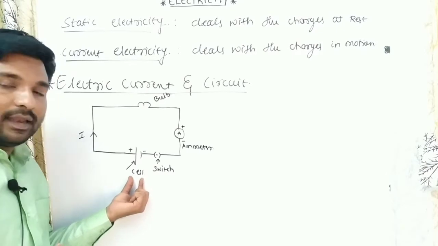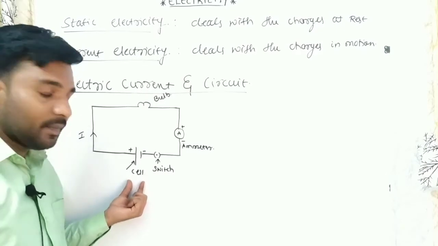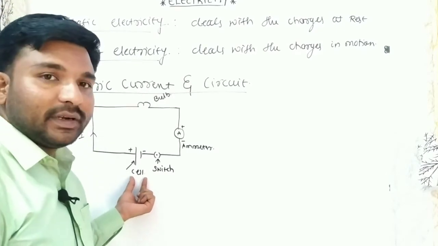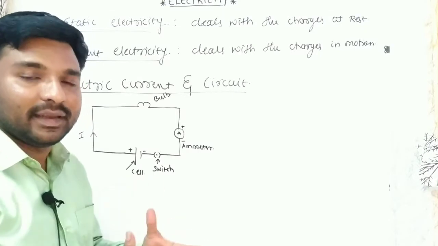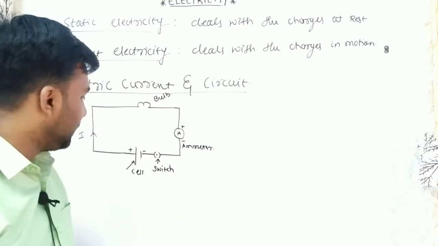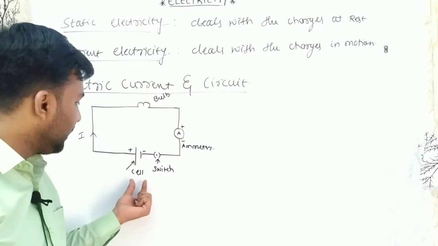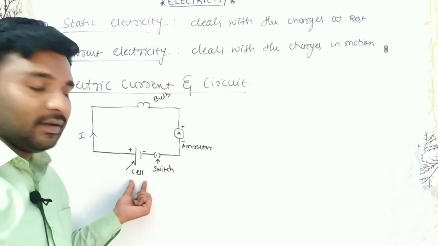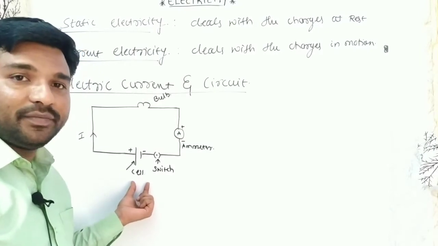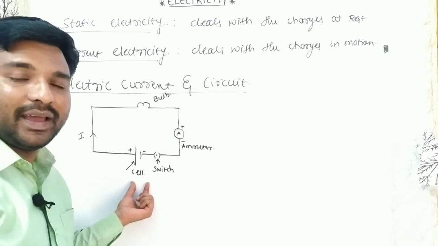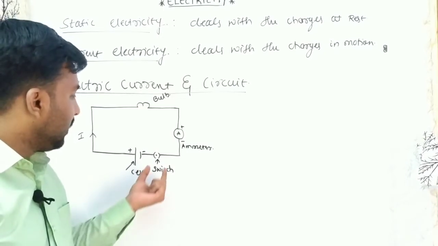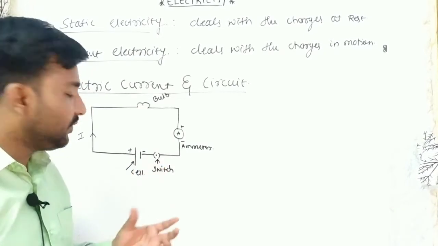An electric cell is a device which converts chemical energy into electrical energy. This is a simple definition; later we will see more.